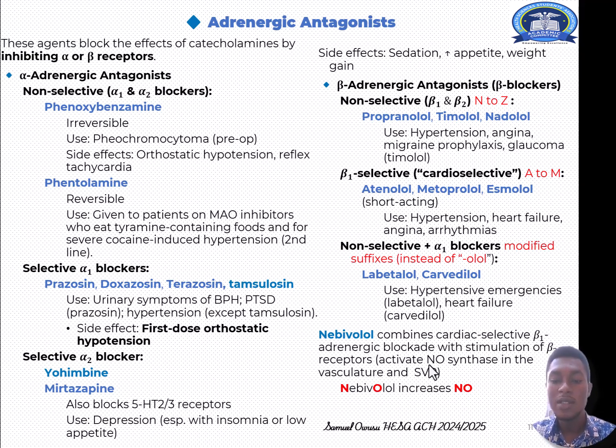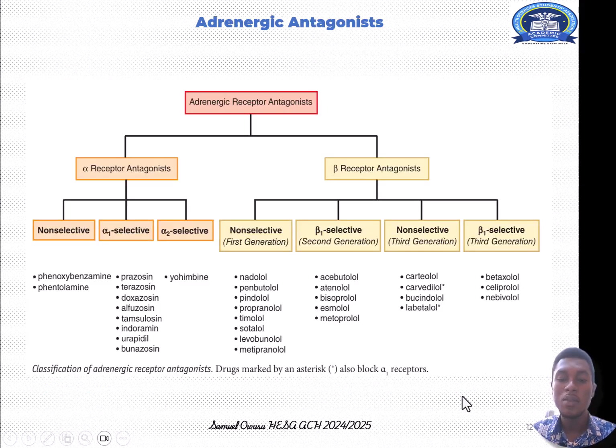It also activates nitric oxide synthase in the vasculature, and so it tends to cause the release of nitric oxide. So I want you to remember nebivolol. The N and the O in it signify the NO, or nitric oxide, releaser, or it increases the levels of nitric oxide. Okay, now let's move on.